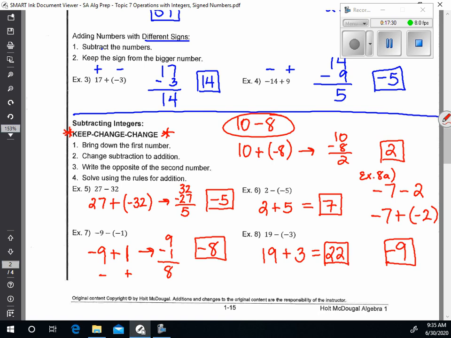So for the sake of completeness, now we at least have an example of the four main types. So that's subtracting integers. Subtracting integers embodies the keep, change procedure.